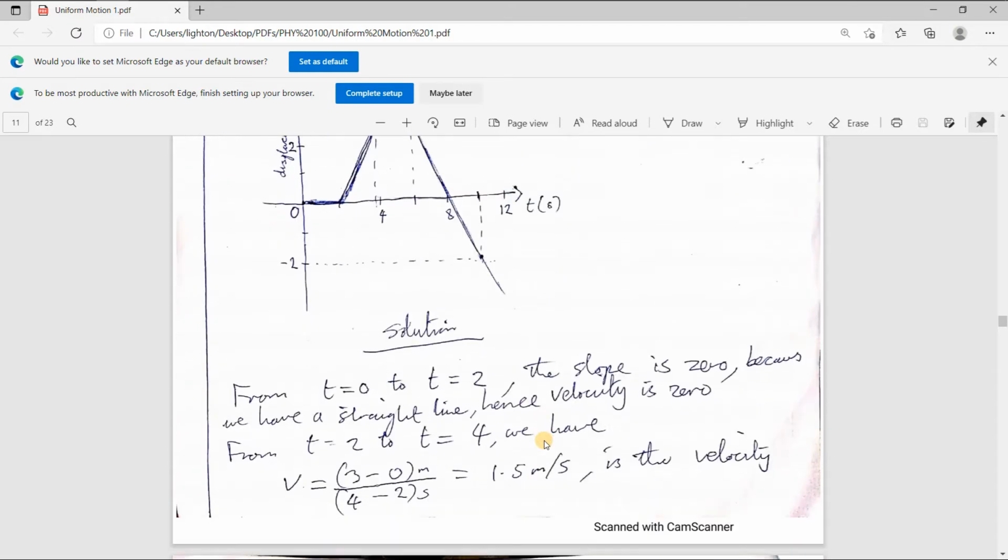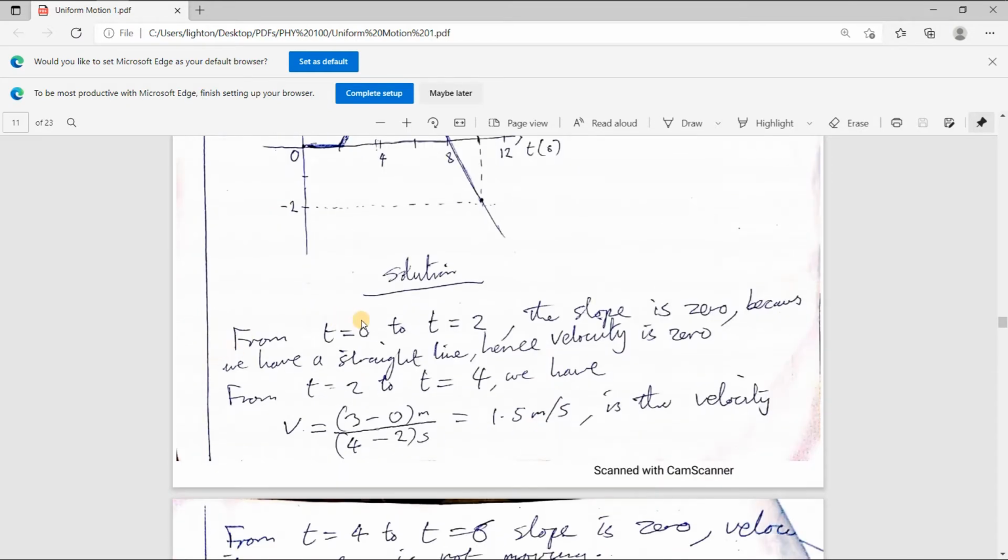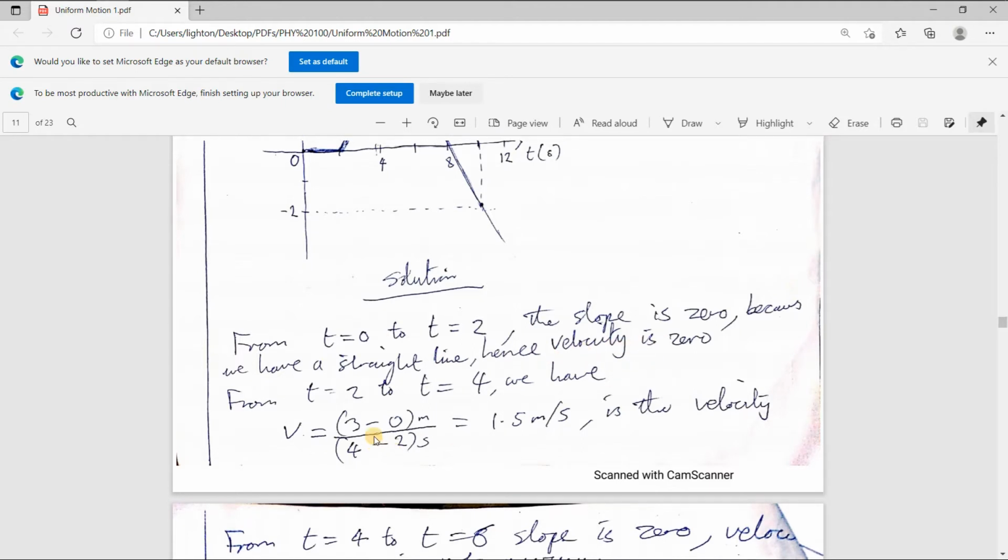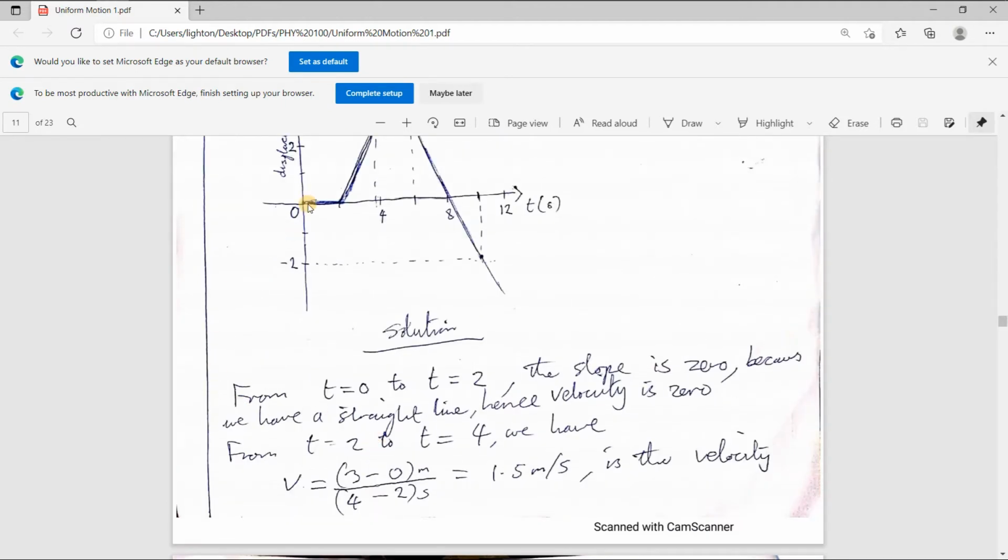From t equals 0 to t equals 2, the slope is 0 because we have a straight, horizontal line. The gradient is 0, hence the velocity is 0. When you find the gradient of this line, it will be 0.